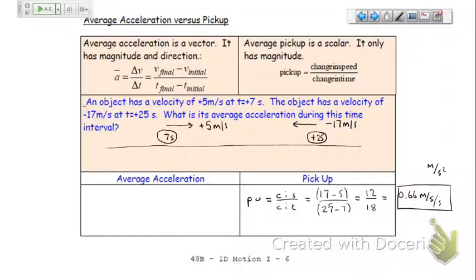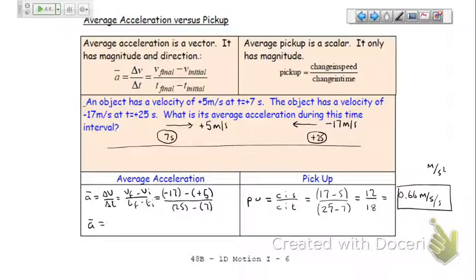If I took my average acceleration, it equals my change in velocity over my change in time, which equals my v final minus my v initial over t final minus t initial. Looking at my diagram, my final velocity is minus 17, minus my initial velocity of plus 5, over my final time of 25 minus my initial time of 7.